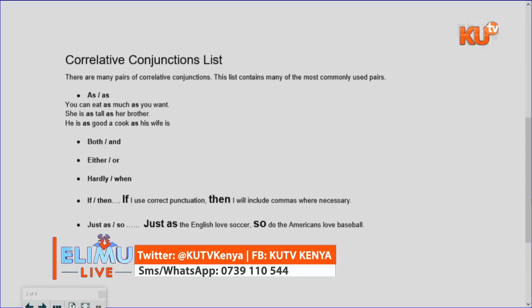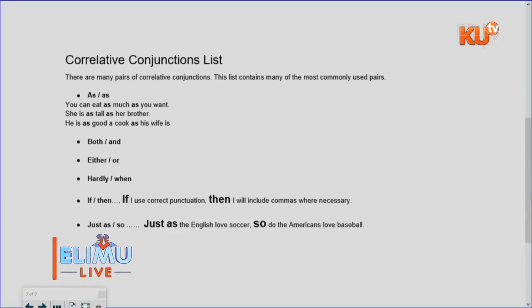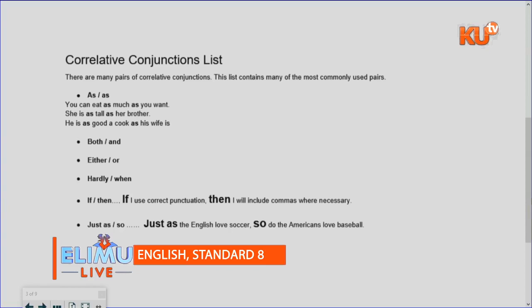Hardly when is what we are also going to have a look at. Hardly when is also a correlative conjunction. It is used to join two independent statements.